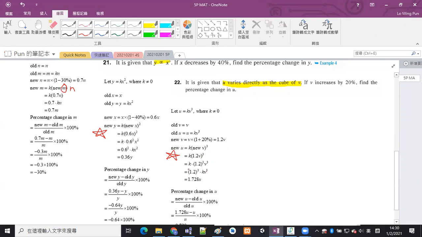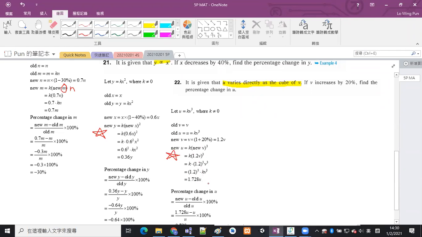Again, we put the number to the front of the expression, and the letters at the back, and then it is 1.728, and the kv cubed is changed to u.